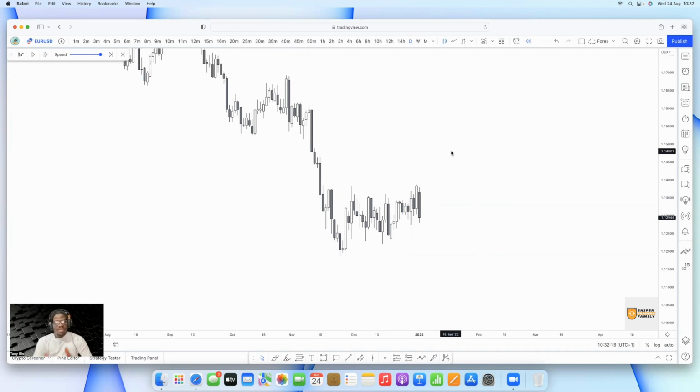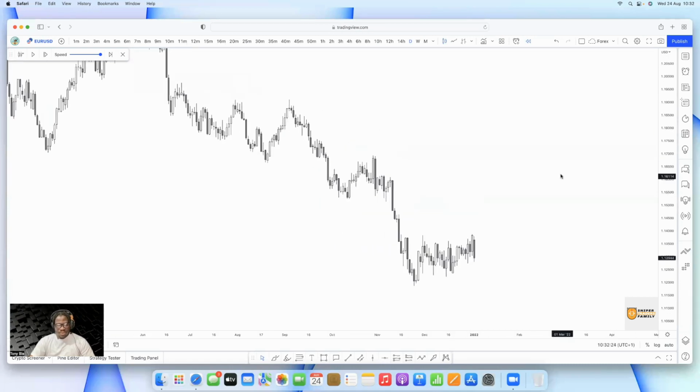Now, what is the structure of the market leading into the new year? EU has been going down. So already the structure is to the downside. The order flow is going to the downside.